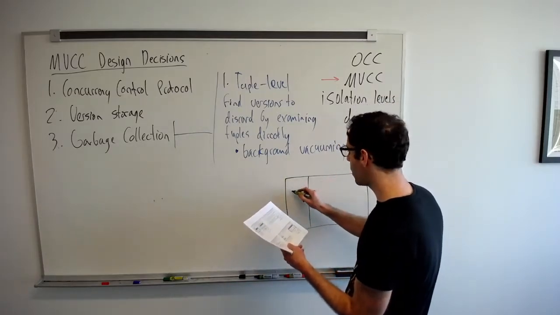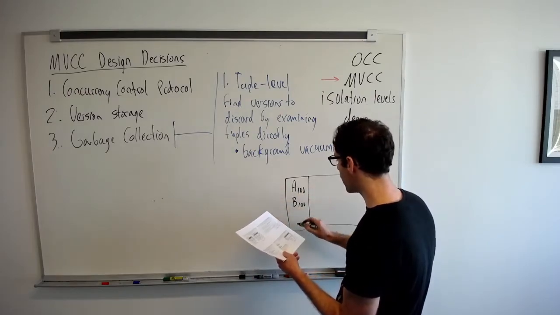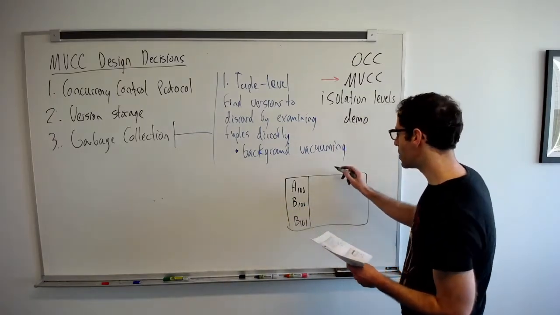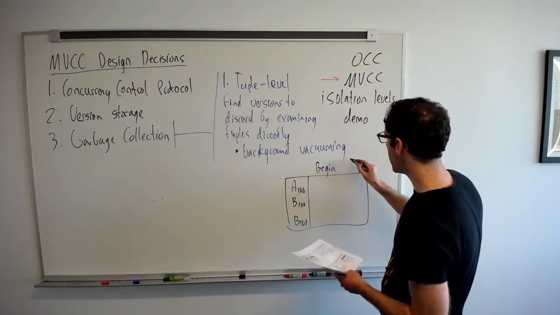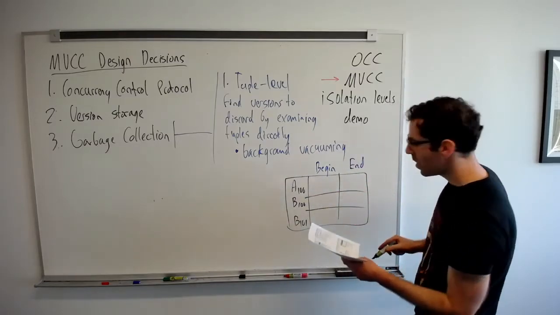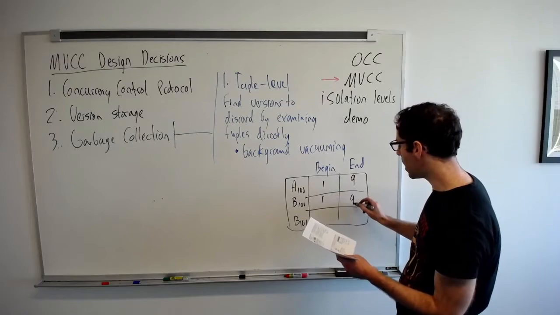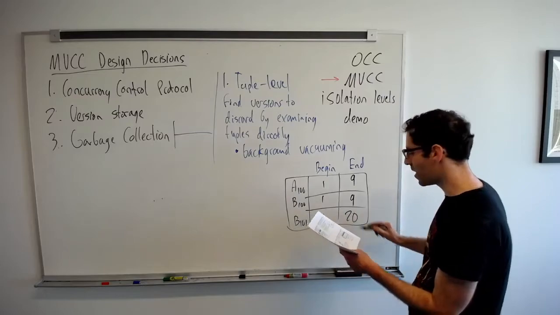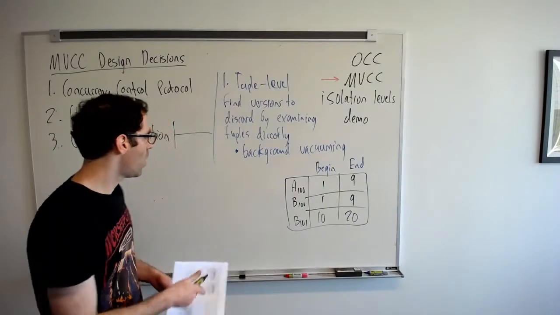We have A version 100, B version 100, and B version 101, and we have a begin and an end for these. Let's say A100 and B100 begin at 1 and end at 9, and our B101 begins at 10 and ends at 20. And we have a couple of transactions currently running on our system.